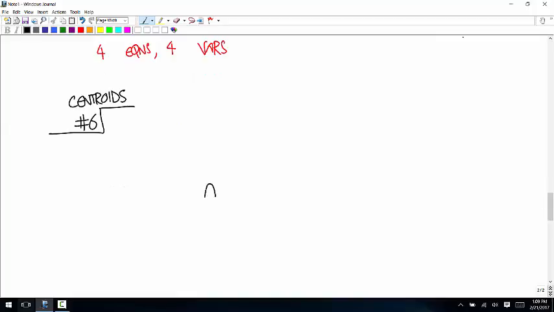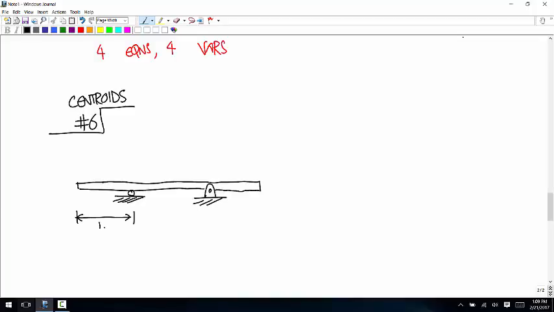So, centroids number 6. There's a pin joint here, and it's connected to a horizontal beam. And there's a roller. These are all 1/3 of the length of the beam. The total beam is 1 meter, so this is 1/3 of a meter, 1/3 of a meter, 1/3.